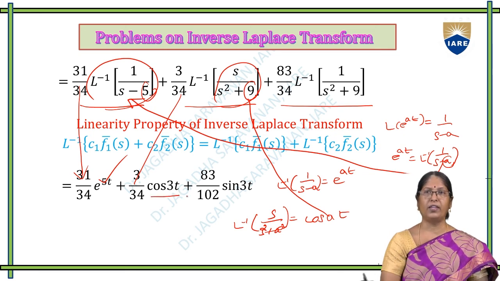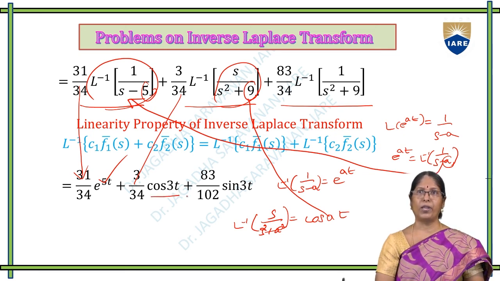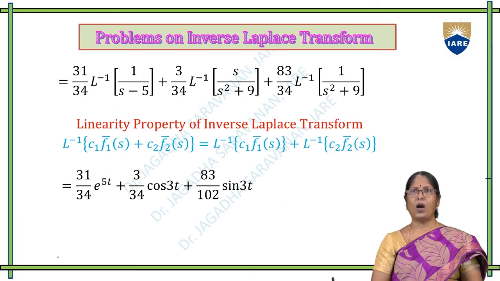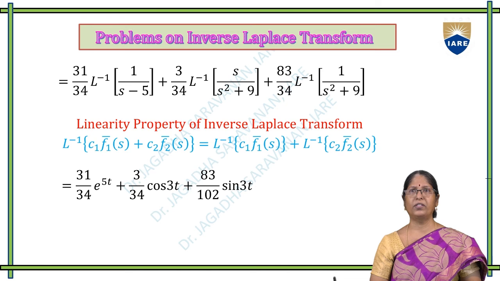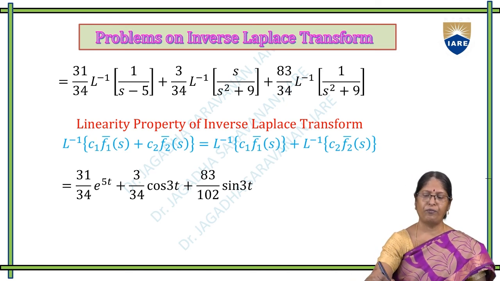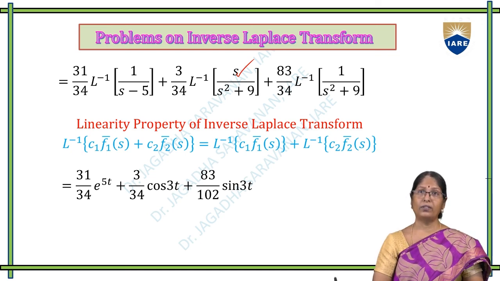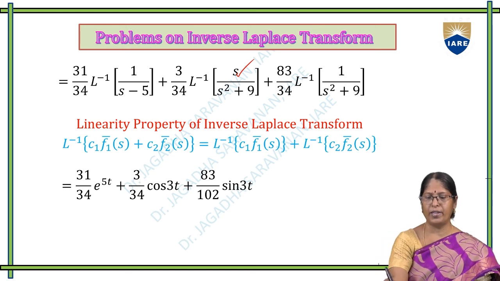So instead of cos at, we write cos 3t according to our problem. In selecting the formulas, if the numerator is dominated by s, our direction is towards either cos or cosh. So these two we completed.